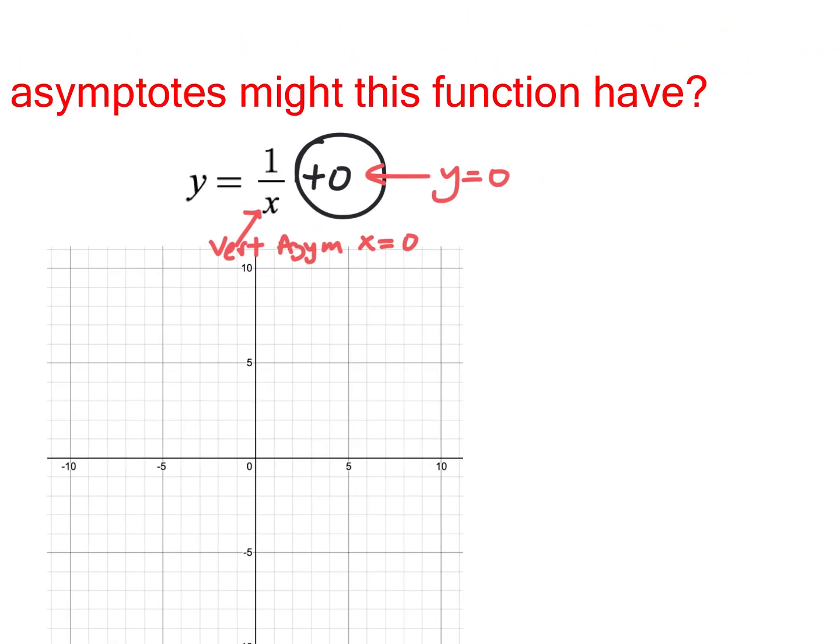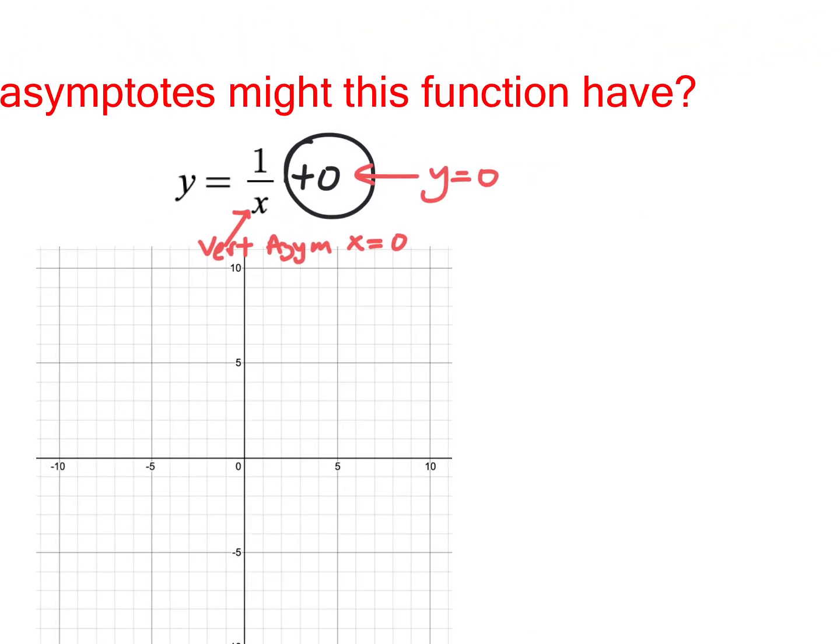Those are my asymptotes. X equals 0 is a vertical, as in vertical asymptote. I always have to talk myself through it so I don't do it backwards by accident. Vertical is X. X equals 0 is the line that's right on top of the Y-axis. Kind of counterintuitive. And this one's the Y equals 0 line.